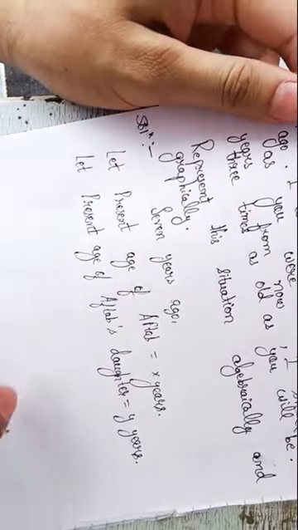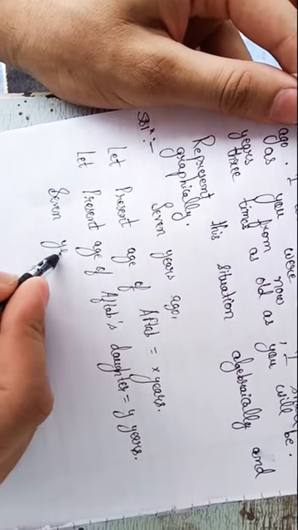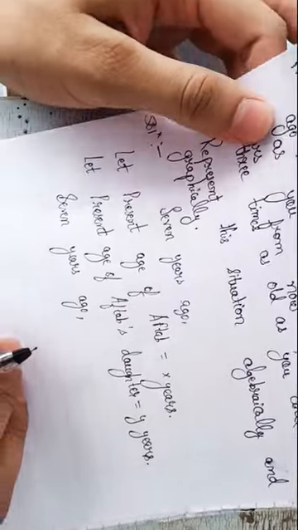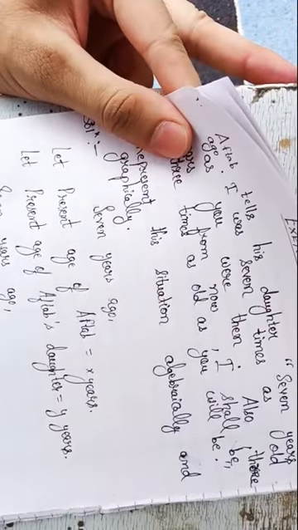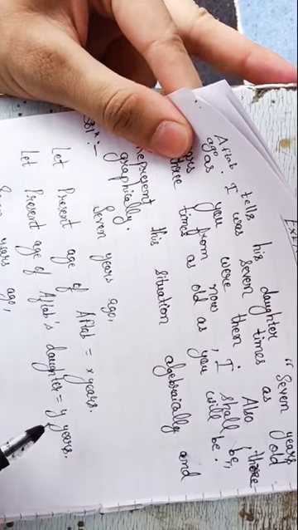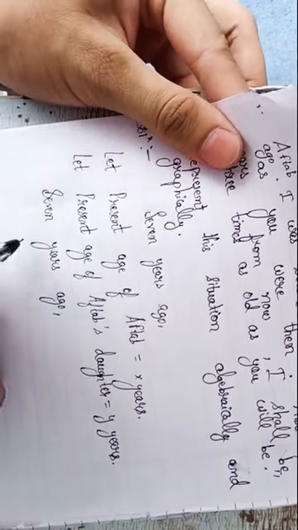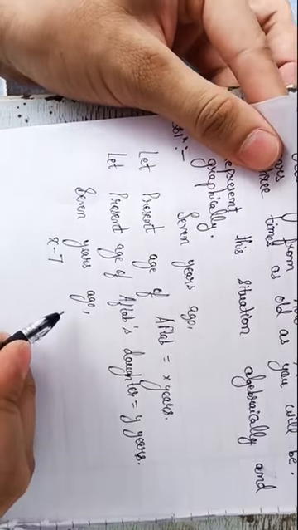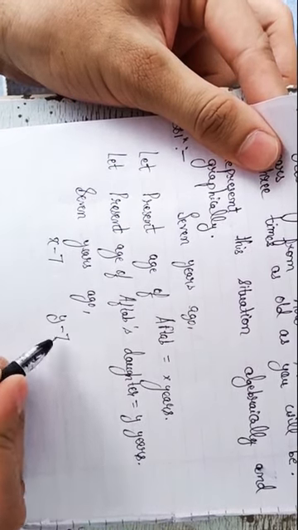Now 7 years ago, that means before 7 years. At present he is x years old, his daughter's age is y years. Before 7 years, x minus 7, and her daughter's age will be y minus 7.